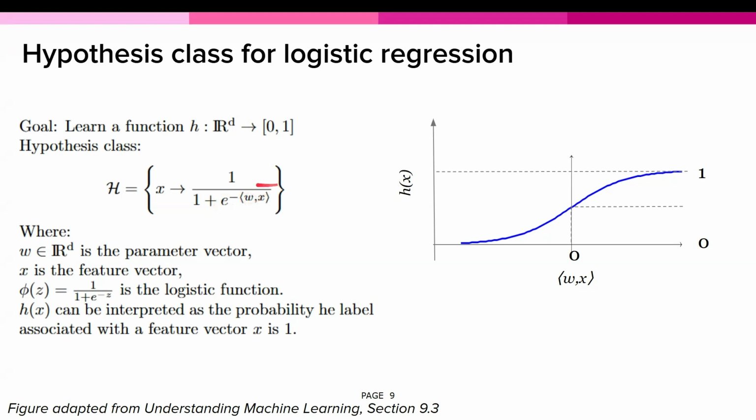And so yeah, to build some intuition here, when the linear combination is large and positive, the exponentiated term, this whole thing, goes to 0. And so we're left with 1 over 1 for a 1 output. On the other hand, if the negative term is large and negative, then this term here will actually blow up, and this whole expression will be drawn close to 0.